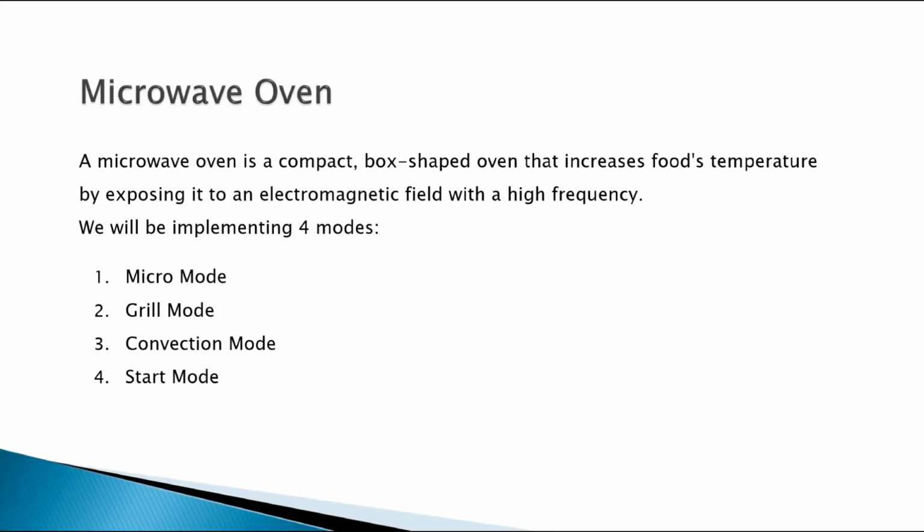Thank you, Pushkar. Now moving on to the microwave oven as a concept. A microwave oven is a compact box-shaped oven that increases food's temperature by exposing it to an electromagnetic field with a high frequency, which enables it to produce thermal energy. Modern microwave ovens use either an analog dial-type timer or a digital control panel for operation.